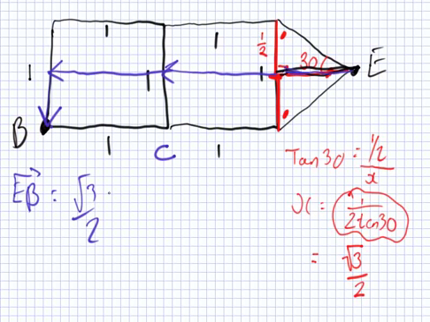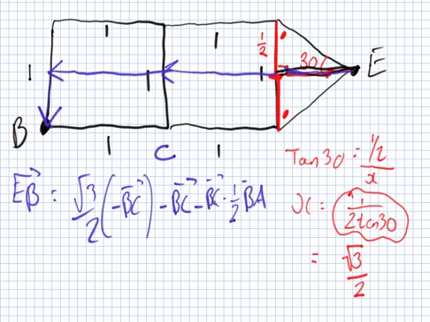Okay, so it's root 3 over 2 minus BC, and then minus another BC, and then minus another BC, and then what vector would be down half a unit? Minus a half BA, yeah. Because BA is up, so minus BA is down, and it's half of it.